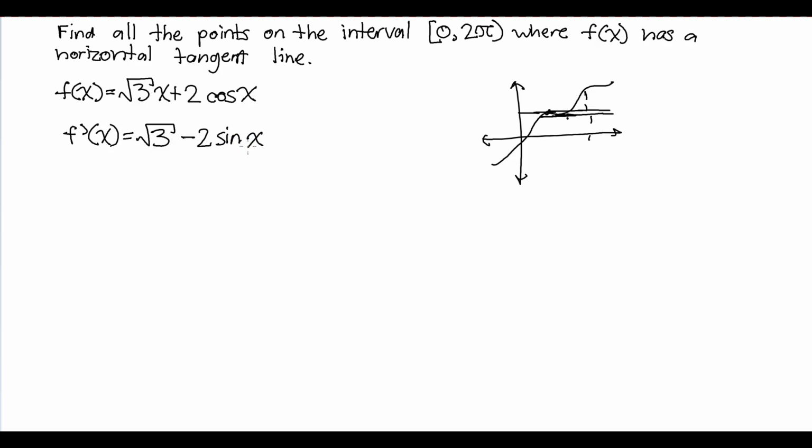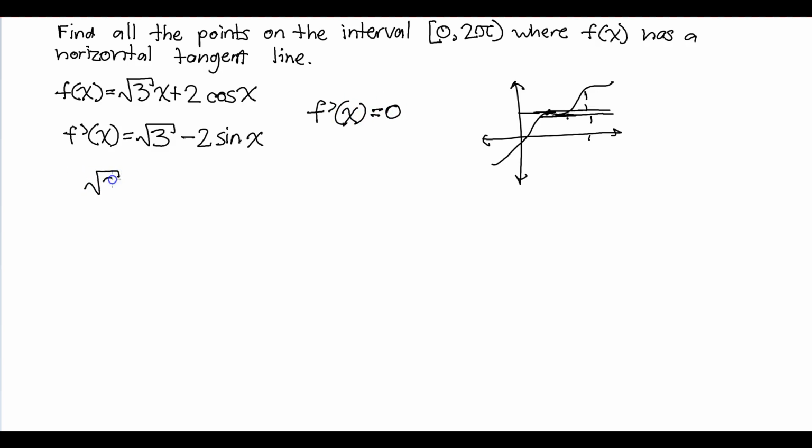Now, we want to find all the x coordinates where the graph has a horizontal tangent. What's the slope of a horizontal line? The slope of any horizontal line will be 0. So we want to find the x coordinates such that the derivative is equal to 0.